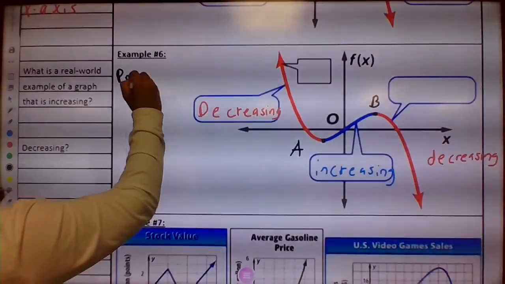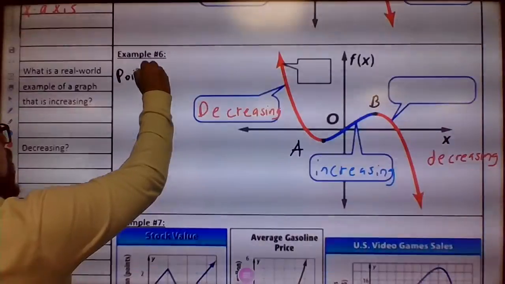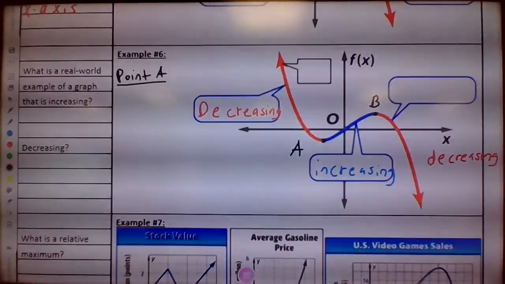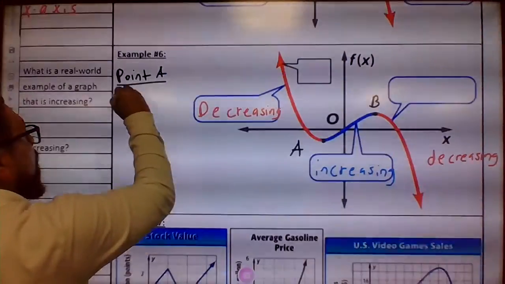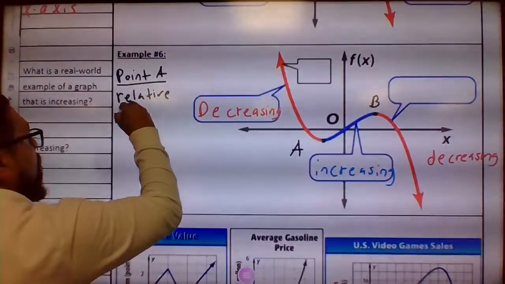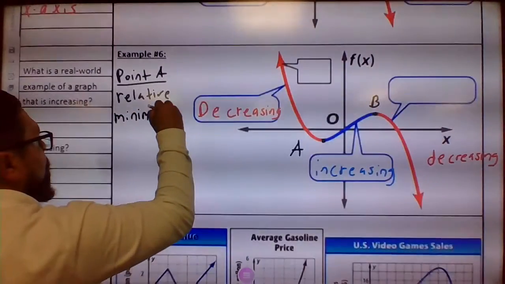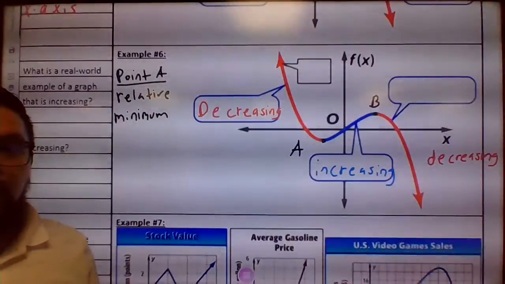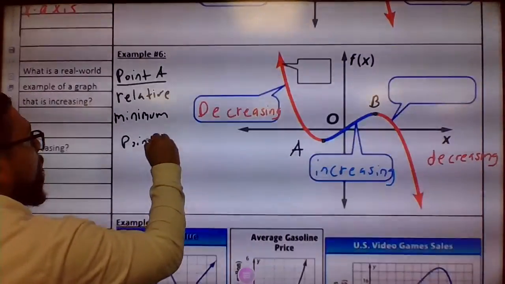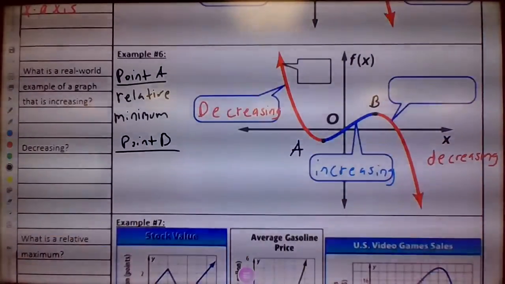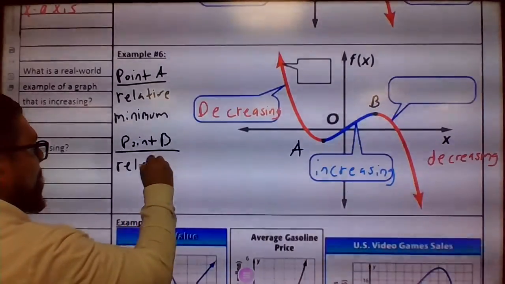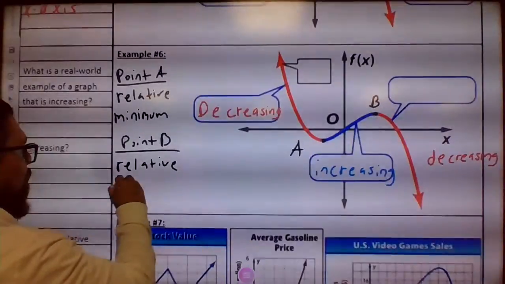Point A is a relative minimum. Point B is a relative maximum.